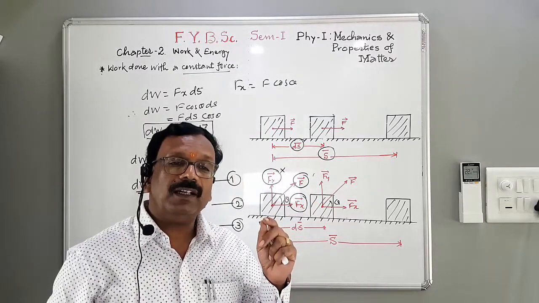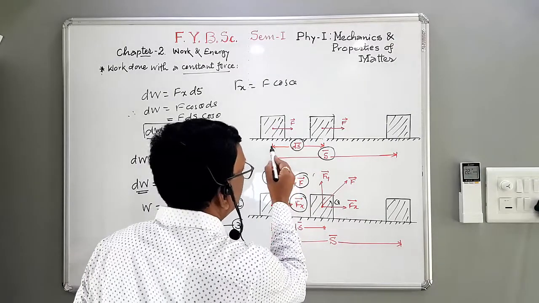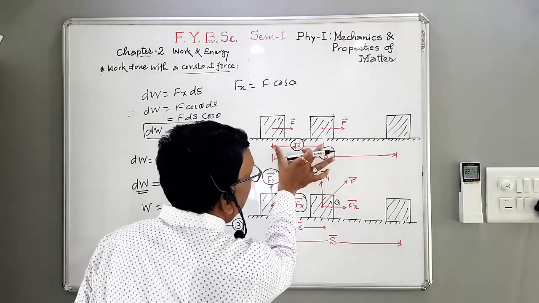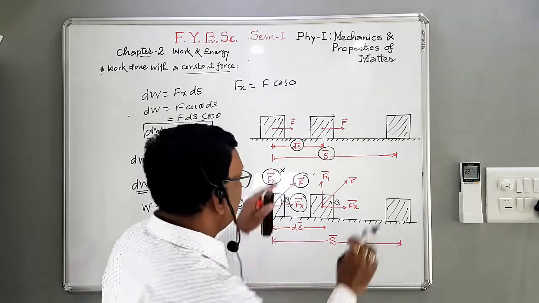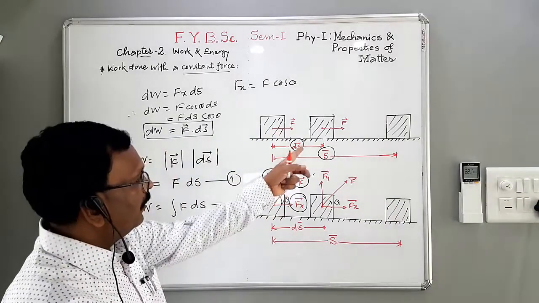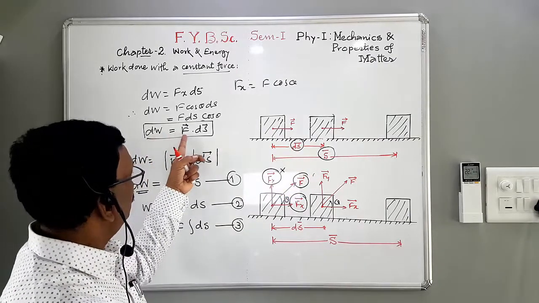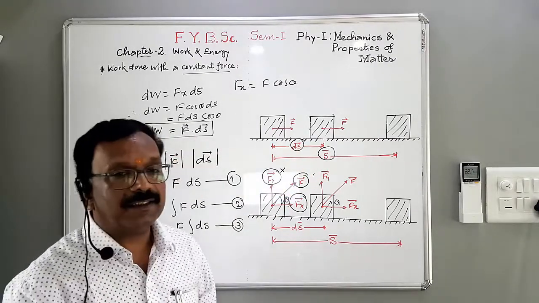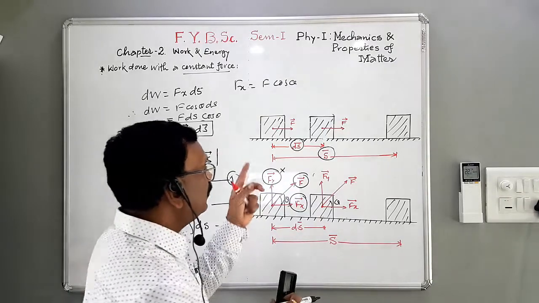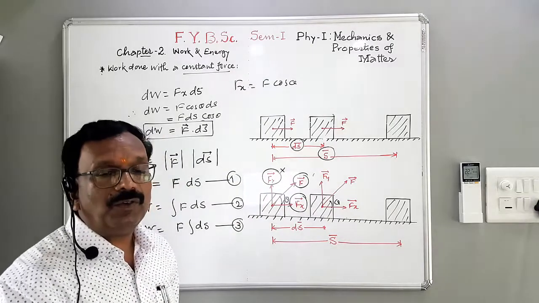This is the work done, small work done for small displacement. Now the work done during finite displacement; this is the infinitesimal displacement or very small displacement, and this is the finite displacement. Here for this infinitesimal displacement the work done is dw is equal to vector F dot vector ds, and in order to obtain the work done for finite displacement, what we have to do?